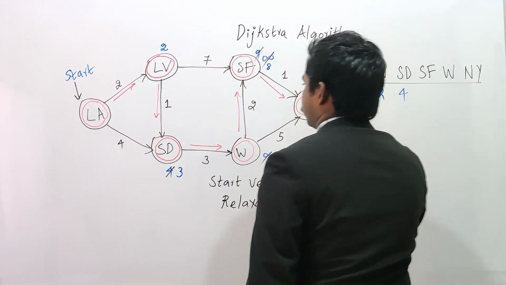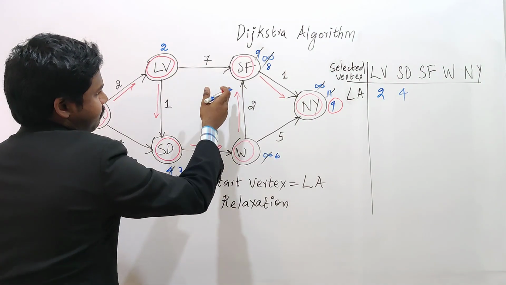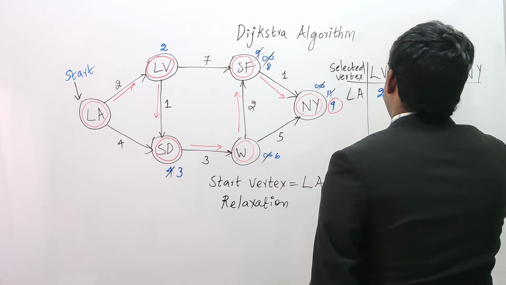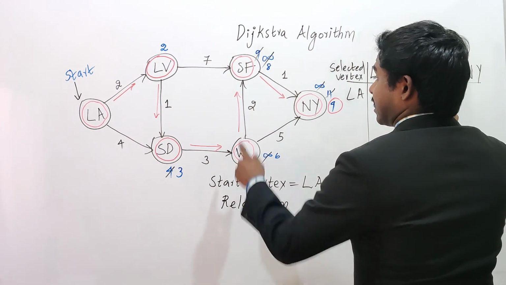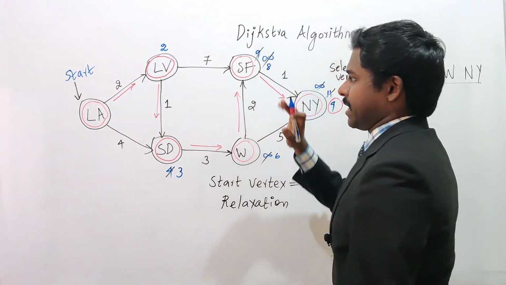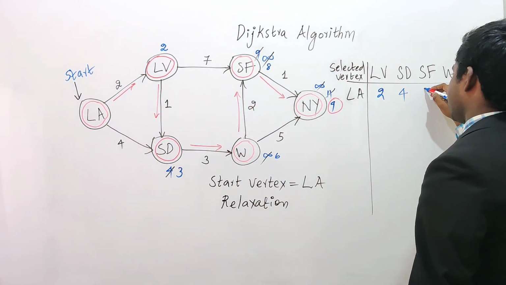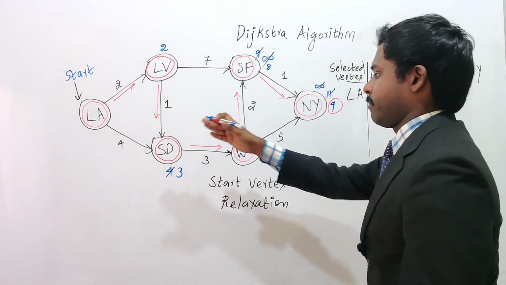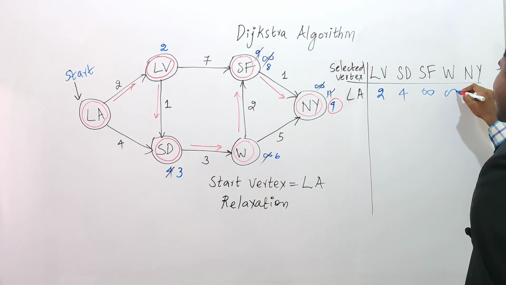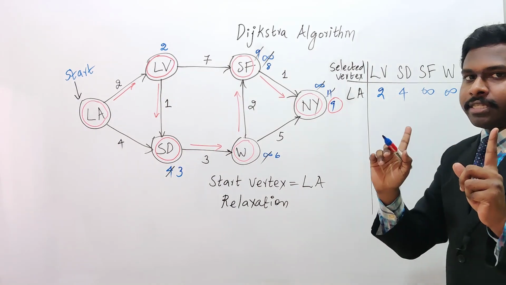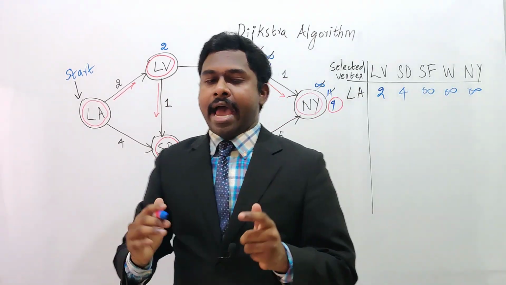The initial distance. From LA to San Francisco, it's infinity because infinity was the beginning one. From LA, there is no direct path to San Francisco, so it's infinity, and there is no direct path from LA to Washington, so that is also infinity, and LA to New York City is also infinity. So this is the starting situation which we had.